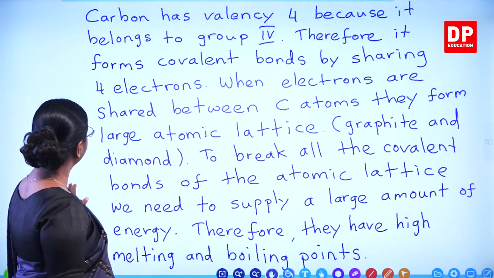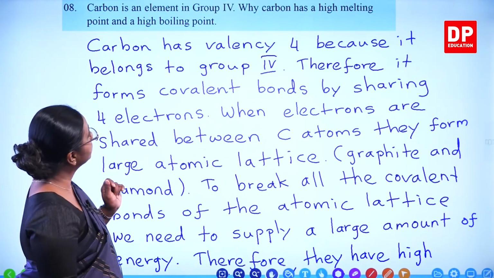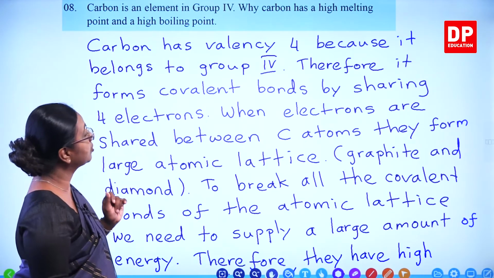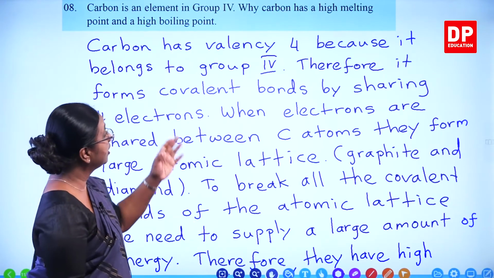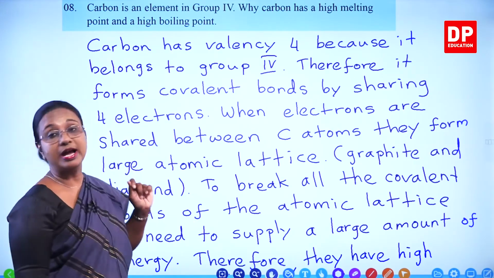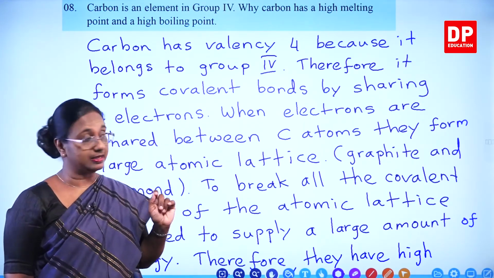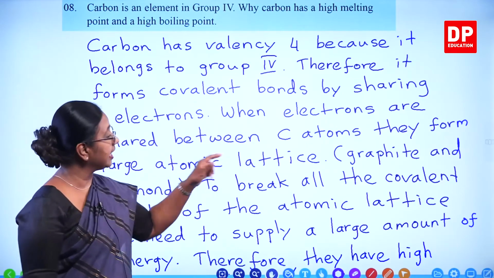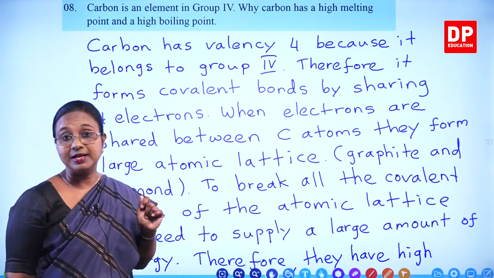We will go back and check the answer. Carbon has valency 4 because it belongs to group 4. Or you can just say carbon has valency 4. Therefore, it forms covalent bonds by sharing 4 electrons. And when electrons are shared between carbon atoms, they form large atomic lattice. That is the graphite lattice and the diamond lattice.